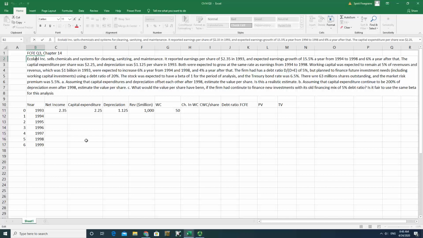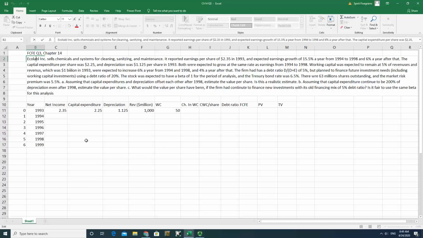So this will be a typical two-stage model that you are going to use in this free cash flow to equity model. So 5-year high growth at 15.5%, and 6% a year after that. That is a constant growth rate during the second stage.